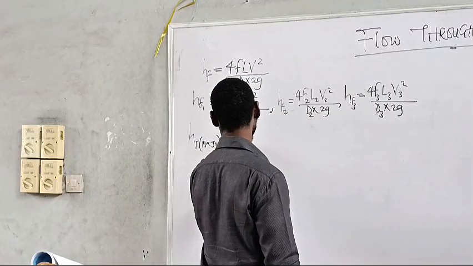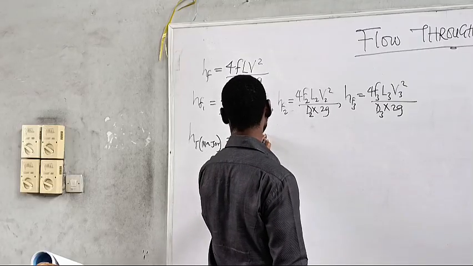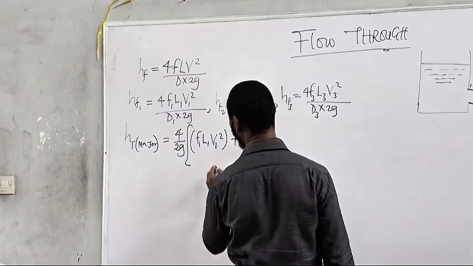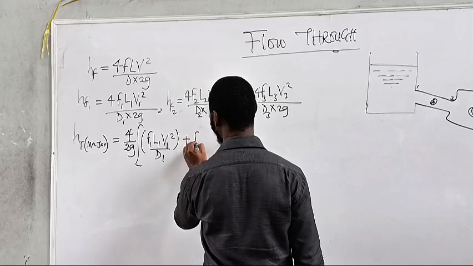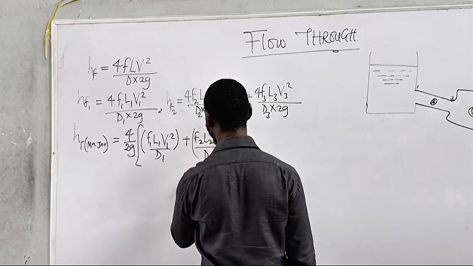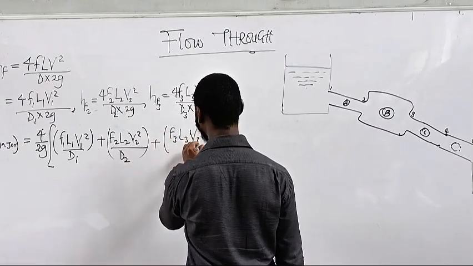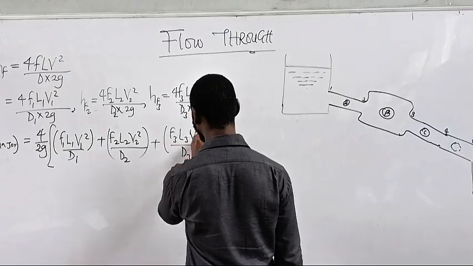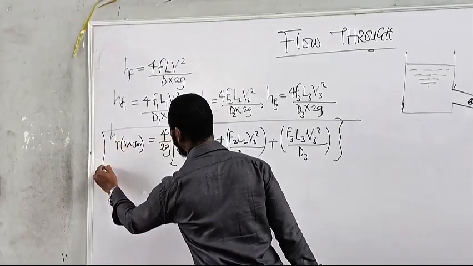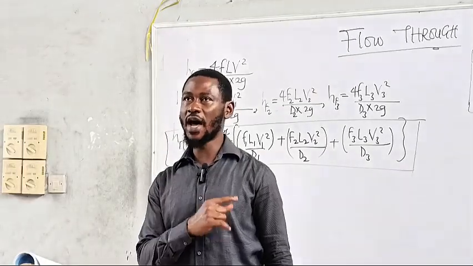So we have 4 over 2g, into brackets, f1 L1 V1 squared over D1 plus f2 L2 V2 squared over D2 plus f3 L3 V3 squared over D3. These are all the major head losses that occur in the series arrangement of the pipe.